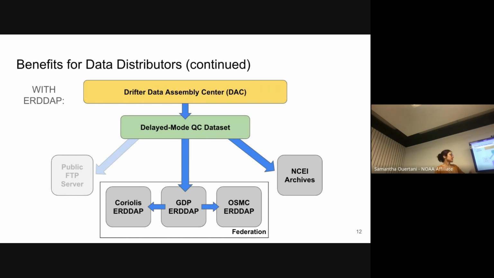So this is the new streamlined data flow, but please keep in mind that all of this is true for one singular data set. And as you know, the GDP is responsible for a number of data sets and products. So this flow is true across a number of products.